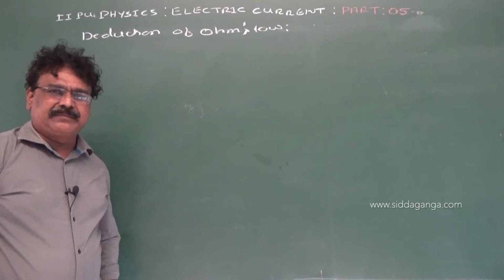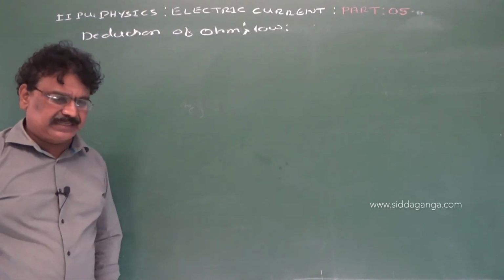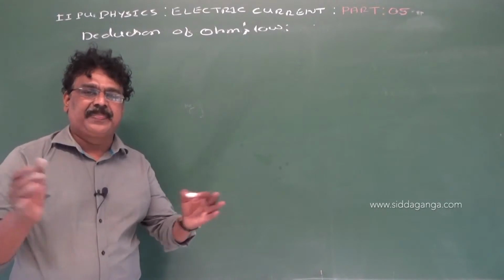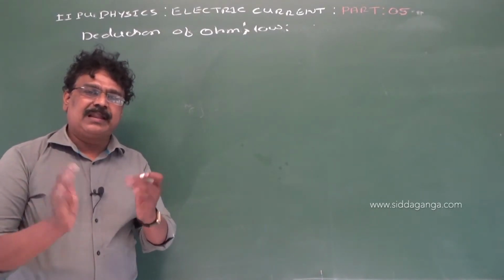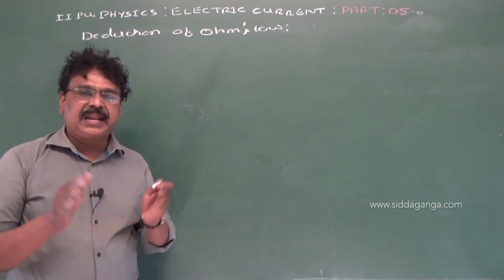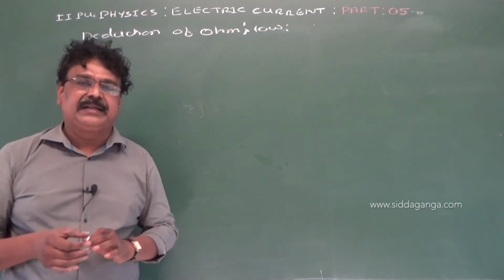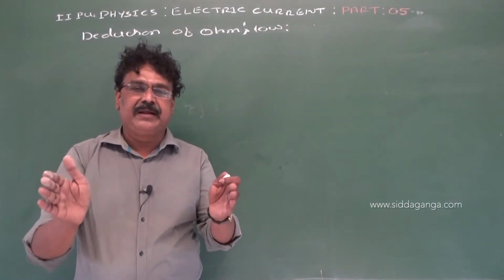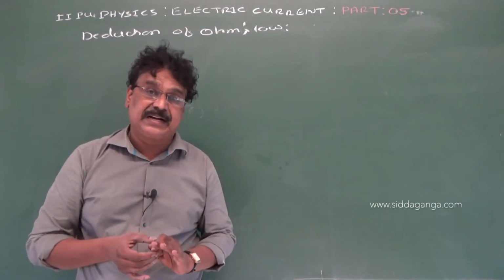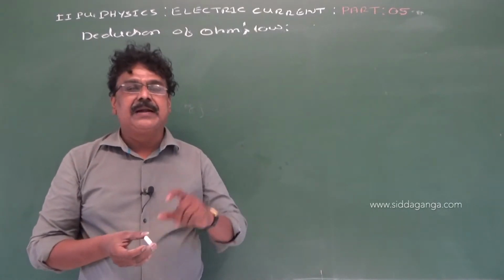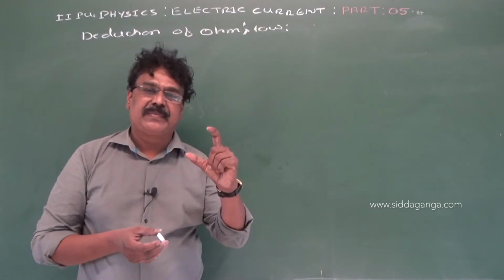We all know, even we have discussed in 10th standard, Ohm's law. Ohm's law gives the relation between current flowing through a conductor and potential difference applied between the ends of the conductor. It gives the relation between current I and potential difference V.